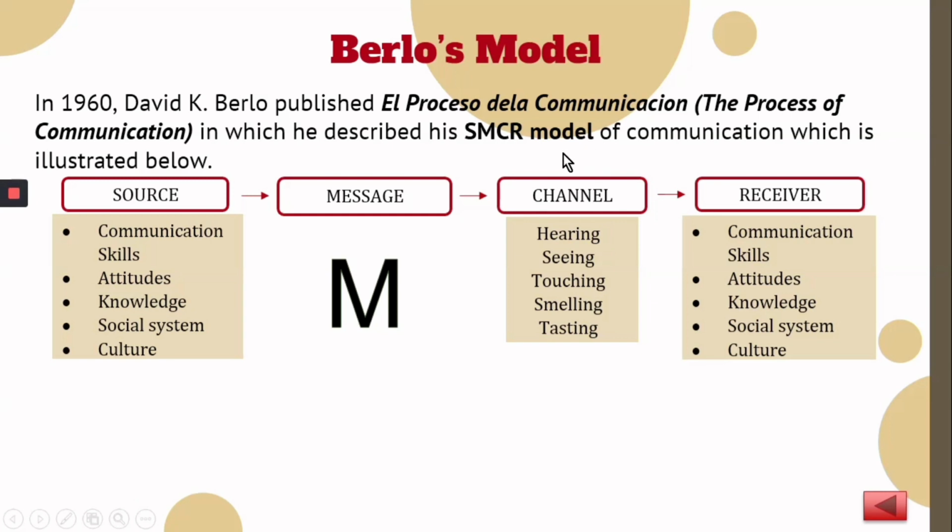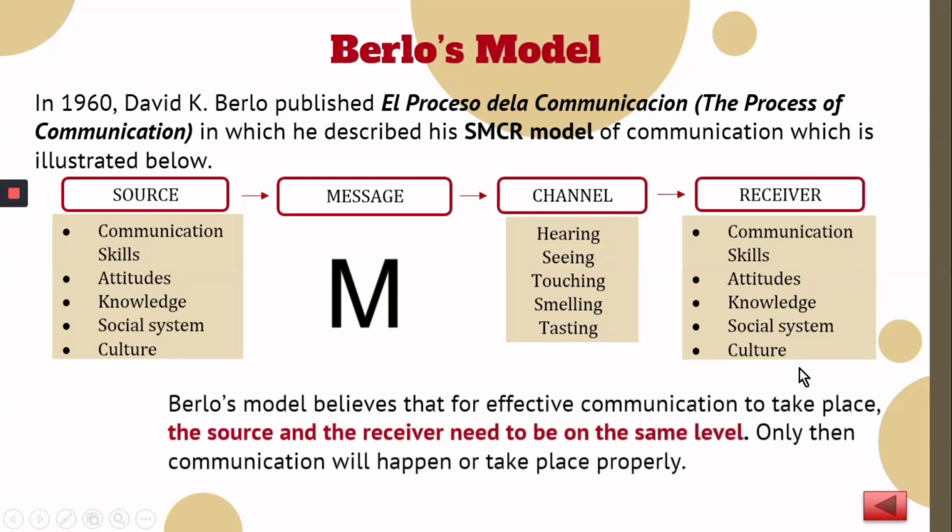Berlo's model includes a number of factors under each element: the source, which includes communication skills, attitudes, knowledge, social system or environment, and culture; the channel, which includes the five senses: hearing, seeing, touching, smelling, and tasting; and the receiver, which includes the same elements as the source.